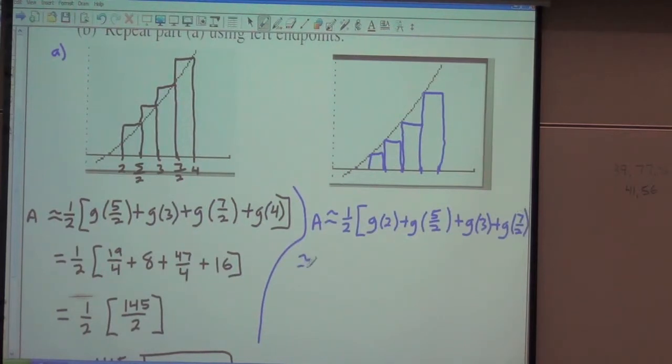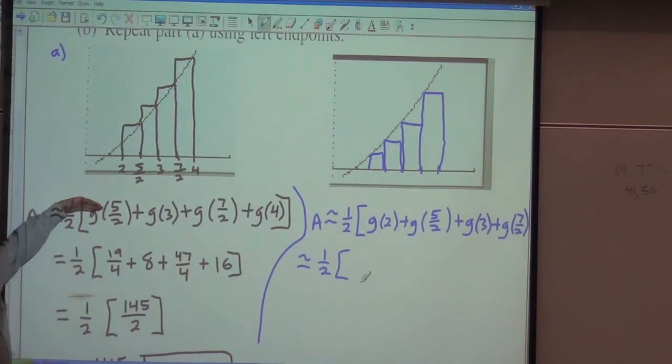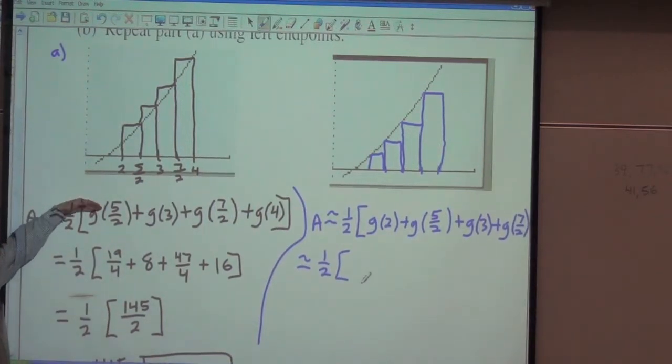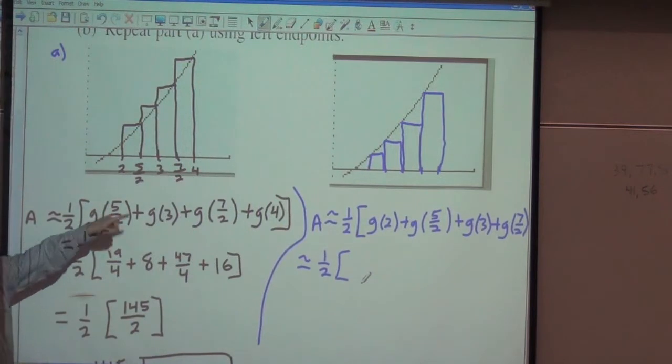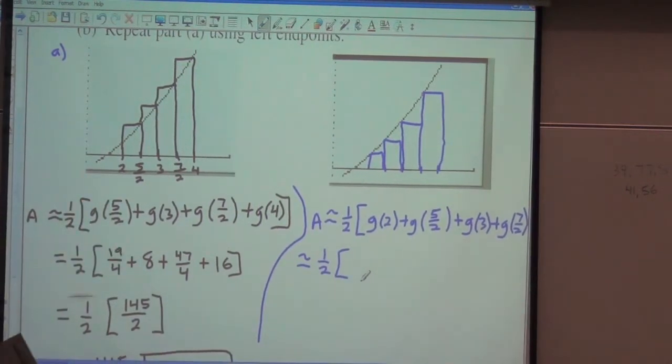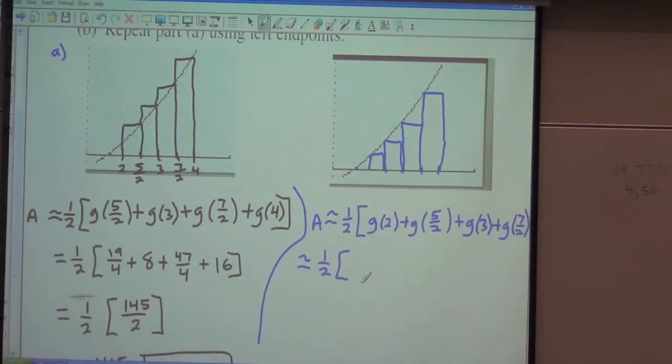So this is going to be exactly the same as the right endpoints, except we didn't start here, we started at 2. So if we put 2 in there, 2 squared is 4, plus 2 is 6, minus 4 would be 2. Then we've got our g of 5 halves, that was 19 fourths. Our g of 3 was 8, and our g of 7 halves was 47 over 4.